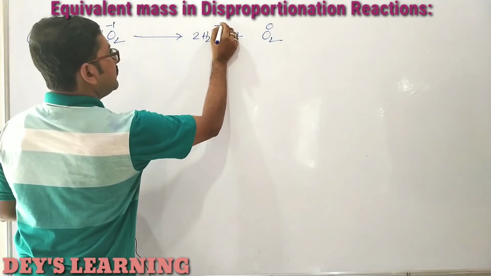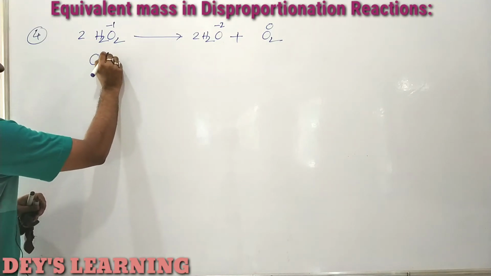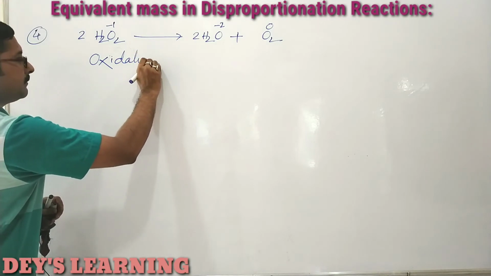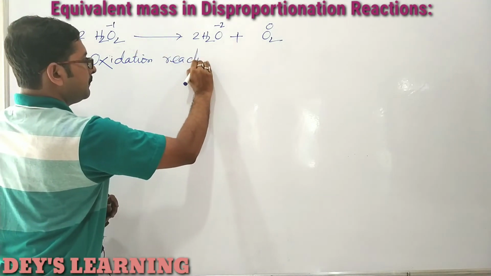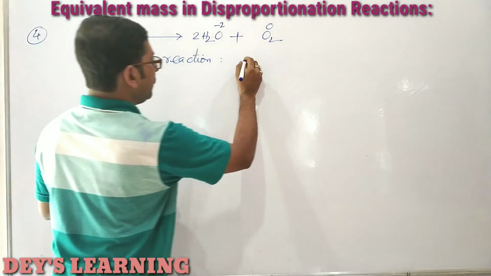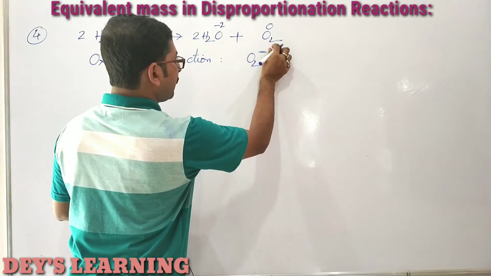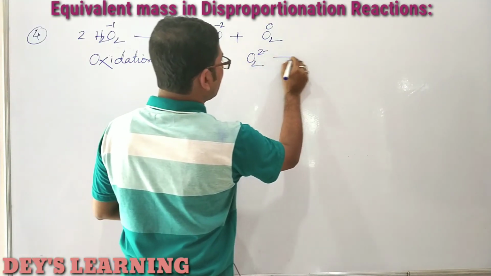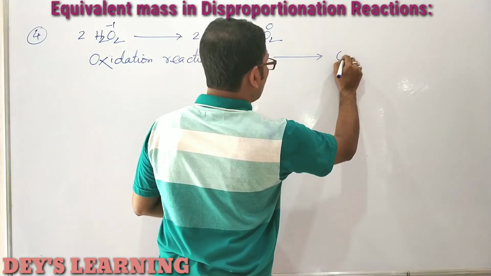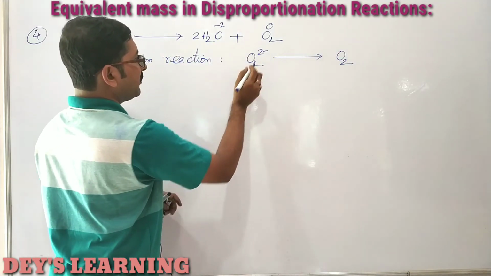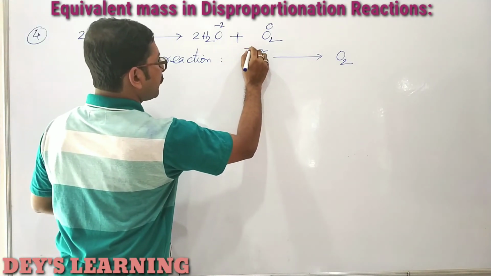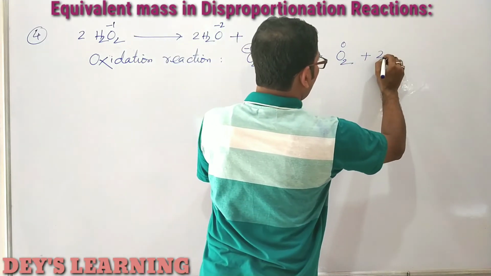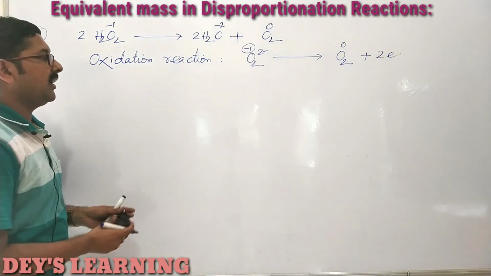So we can write the oxidation reaction in this way: the O2 2-, the peroxide ion, is oxidized to oxygen. The oxidation number of oxygen is -1 here and it is 0 here. So 2 electrons are released.